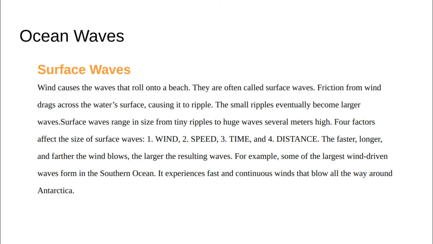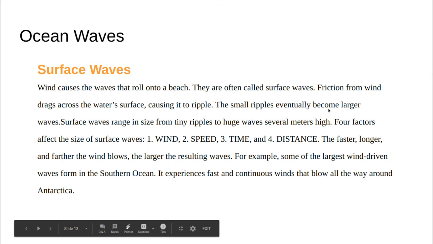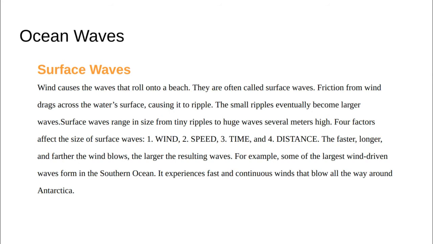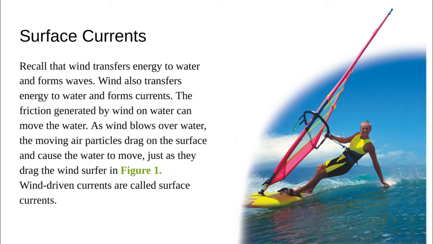All right, that was a pretty simple day, but this is important because tomorrow we're going to be talking about how surface waves eventually create surface currents, which is going to finally get into how this affects the weather that we experience. So we're now starting to get into, okay, how does this affect me? Why do I care about this?